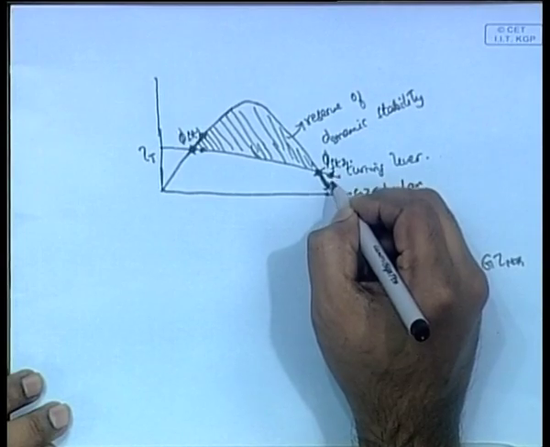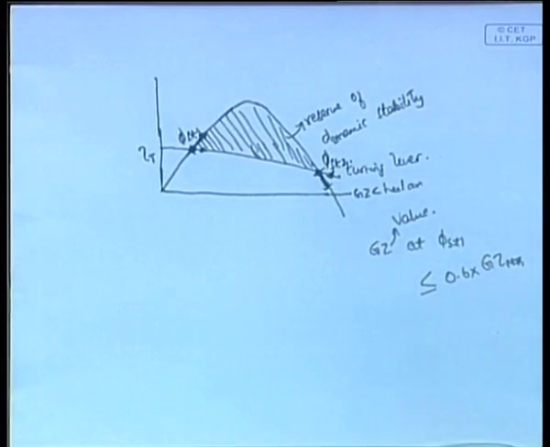So, at the second angle of statical stability, the heeling arm is greater than the GZ. That automatically means the ship has a tendency to heel further, not to come back to its position. Therefore, it is not a point of stable equilibrium, it is a state of unstable equilibrium. So, phi st1 is stable equilibrium, and phi st2 is unstable equilibrium.